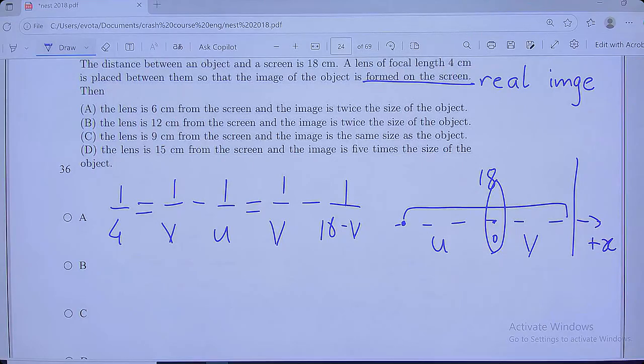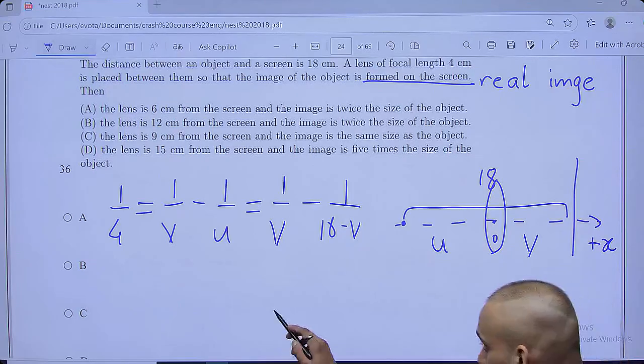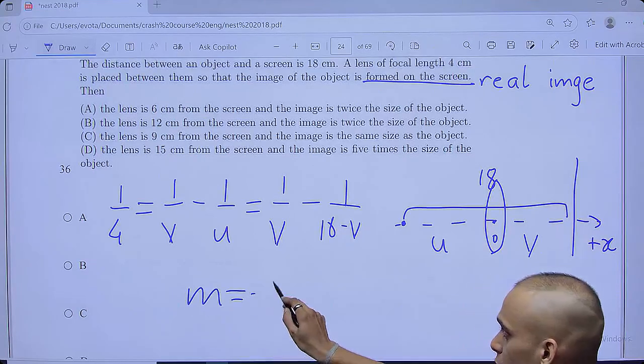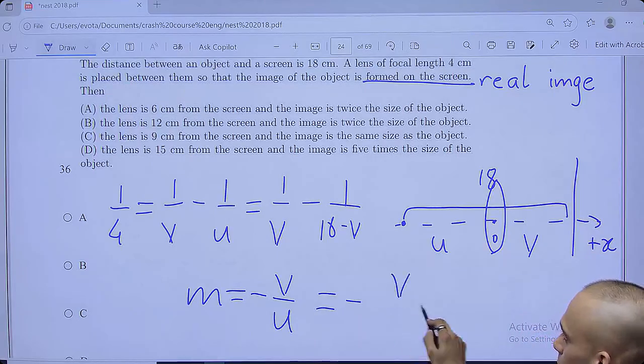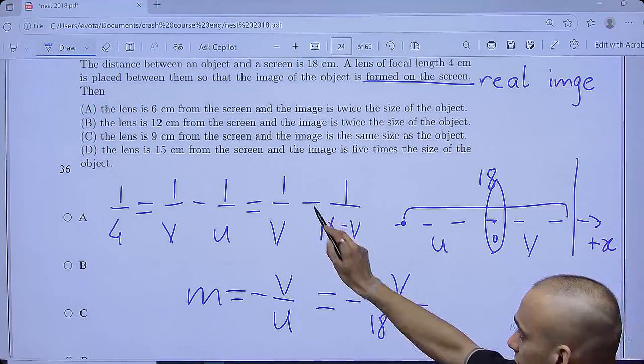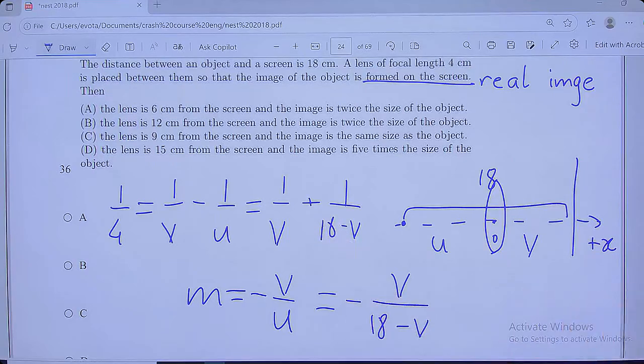And from here, I think v should be equal to 12, yeah. Minus v by u is what we require. Magnification is equal to minus v by u, and again minus of v upon 18 minus v. We can write here a plus sign. We can calculate v from the above formula and substitute over here to get the answer.